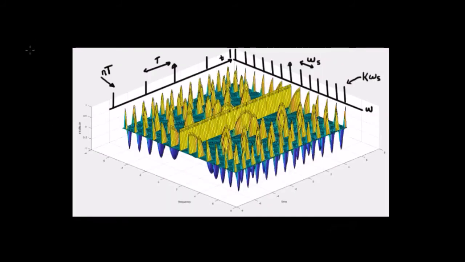So let's look at this graphically. Let's assume that we have an impulse train in the frequency domain. So this is our impulse train here. The period here is a value of omega s, and each of these components are going to be given by a number k, so it's going to be k omega s. So this is our omega axis here, and we've got our time axis here.